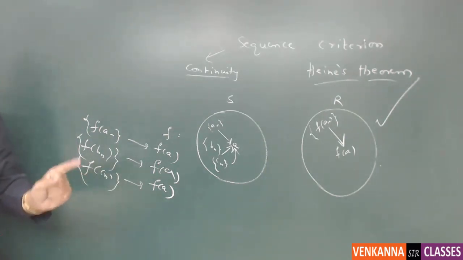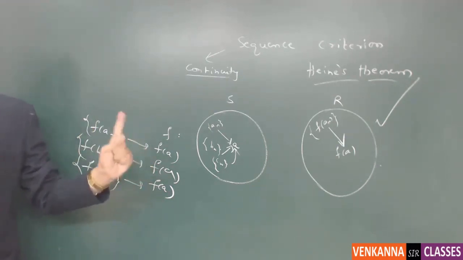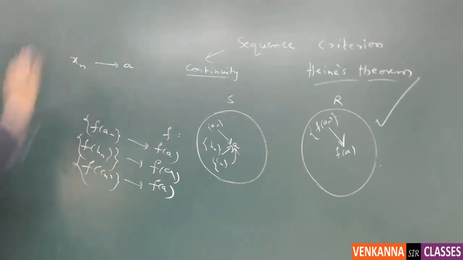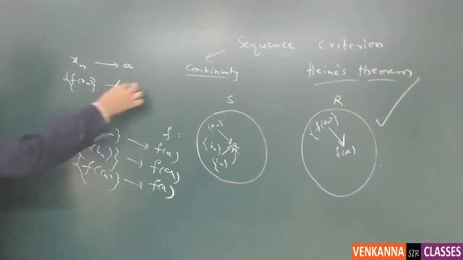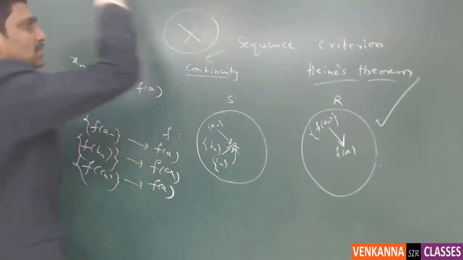So if you are able to find at least one sequence such that xn converges to A and f of xn is not converging to f of A, then we say that it is not continuous.